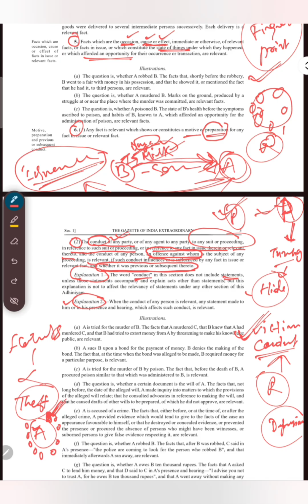That is explanation 2. When the conduct of any person is relevant, any statement made to him or in his presence and hearing, "Police is coming" is a statement, which affects such conduct is relevant. Such conduct means his running is a conduct, is relevant.